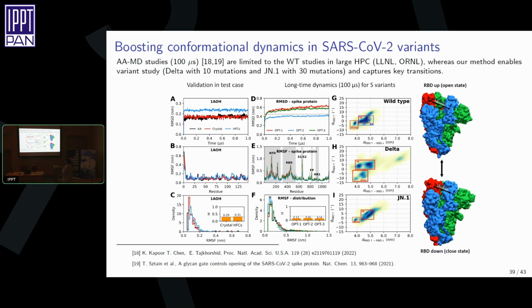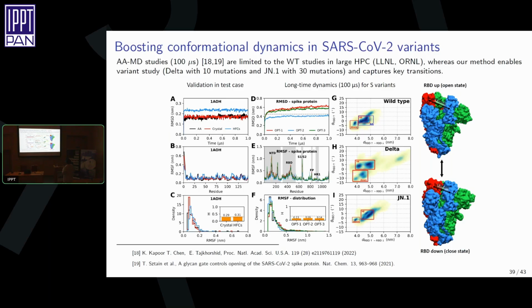Then we went to scan those 100 microseconds to see more, right? The all-atom simulation for the wild type stays in this blue square, starting from the up conformation. The all-atom simulation is able to sample only this space in theta and d, which is basically, if you consider the red protein, the RBD.